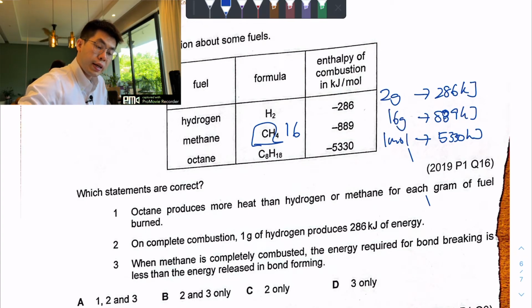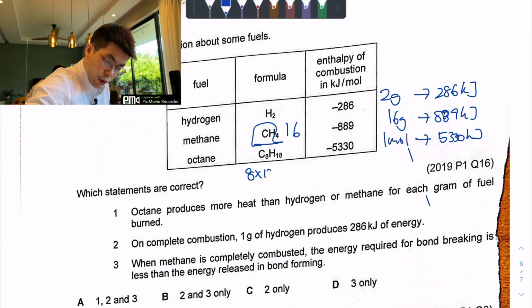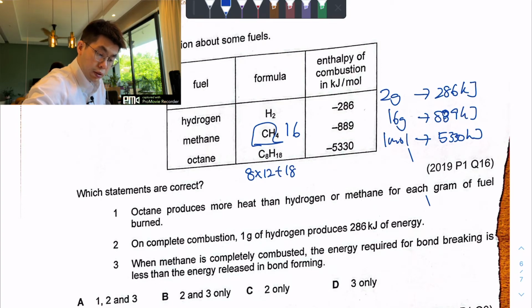produces 889. Now for octane, the molar mass is 8 times 12 plus 18. 96 plus 18 is 114. So we can say that instead of saying 1 mole produces 5330, I can say 114 grams.